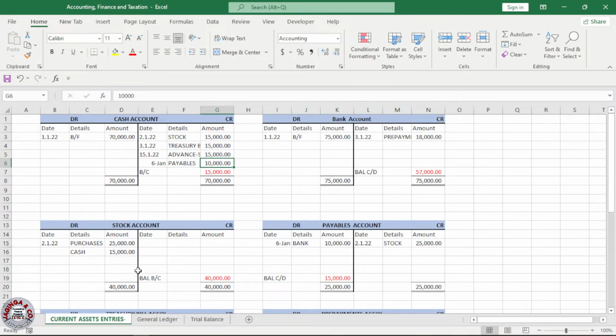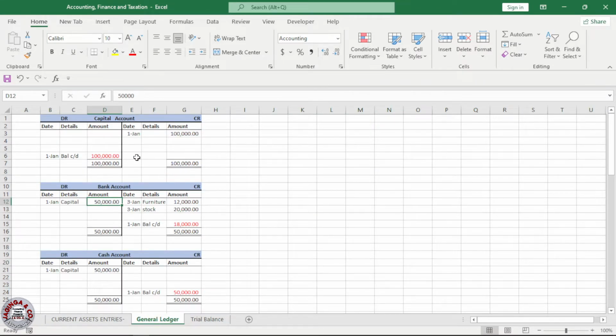So now we started with the capital of 100,000, and then the 100,000 was transferred to cash account and bank account. And then we are saying that at every transaction, the accounting equation has to be satisfied.